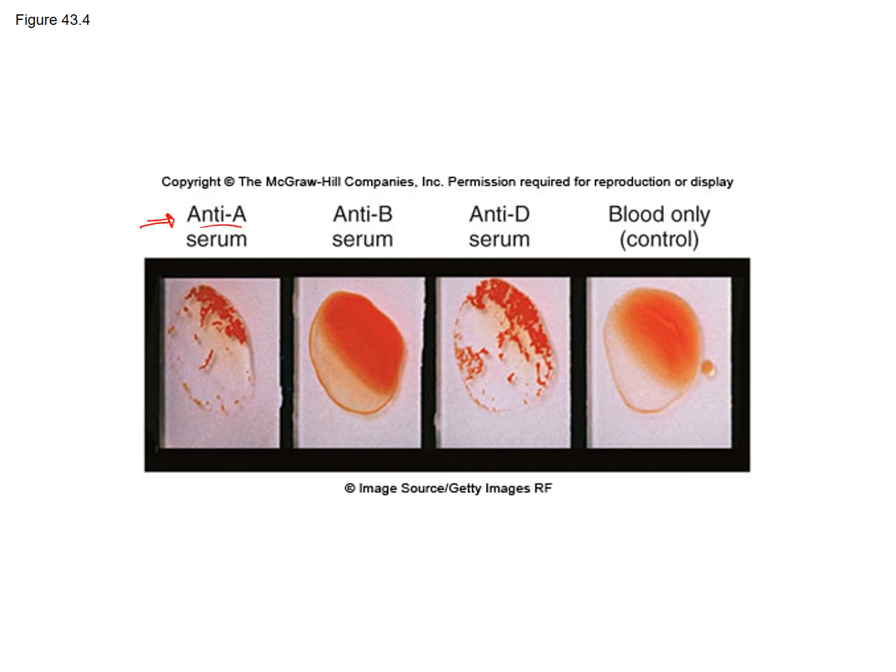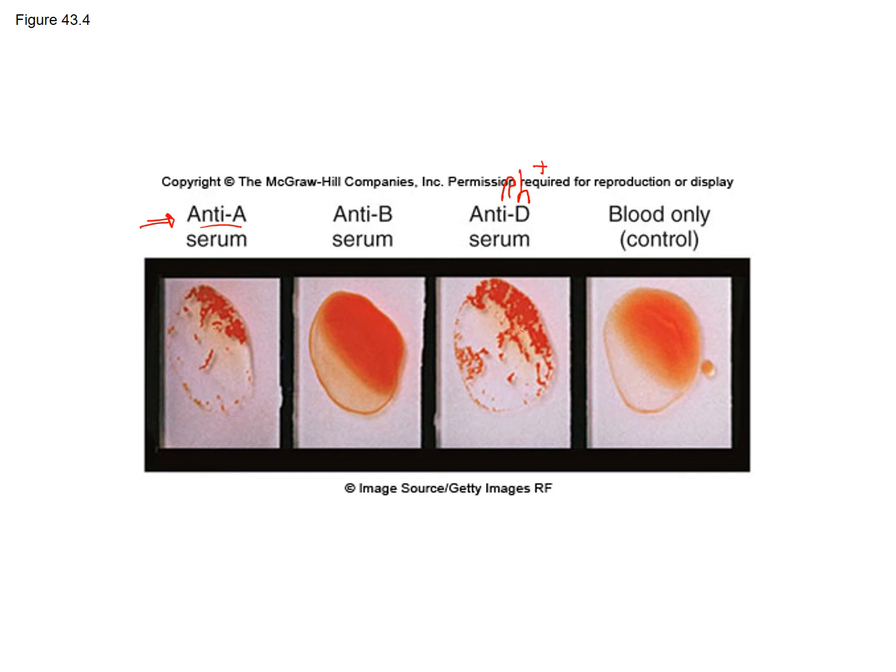If you add anti-A serum and there is clumping or coagulation, that means blood type A. Anti-B serum is clear, that means this is not B. And anti-D, this is for the rhesus factor again. You add it, and if the coagulation happens, that means it's rhesus positive, and this is blood only, the control.